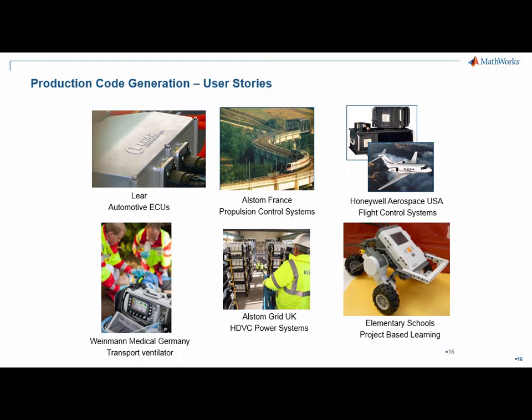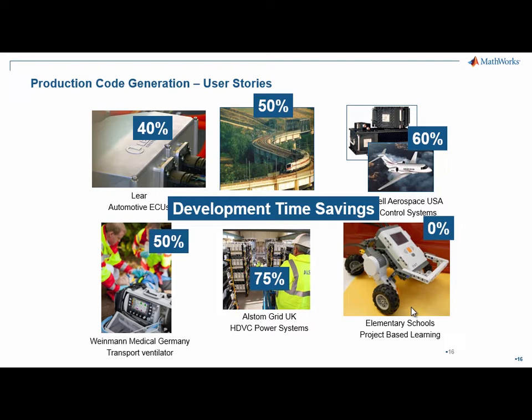And the reason that they do so is because, as you can see, they realized significant development time savings, as you can read about in the user stories that accompany these images. The one example shown to the bottom right of the students learning how to use model-based design is interesting.